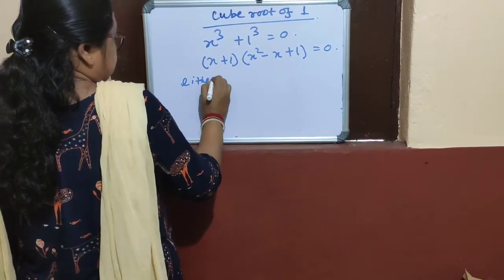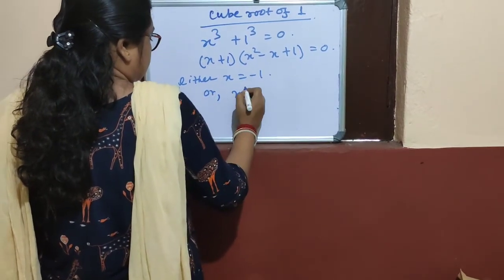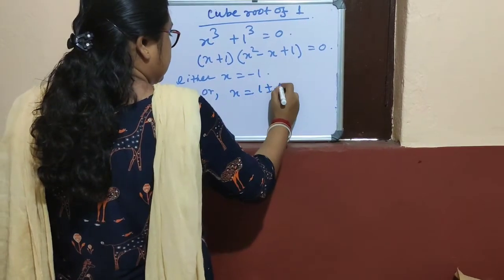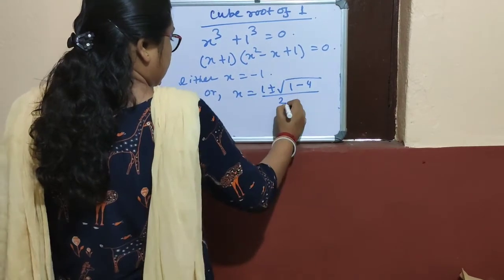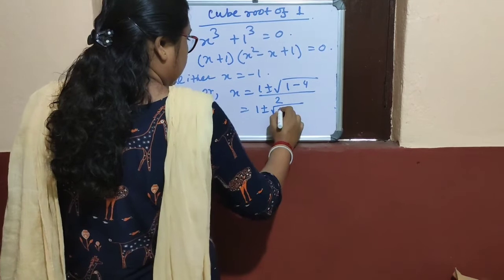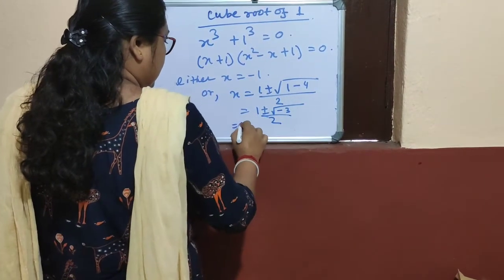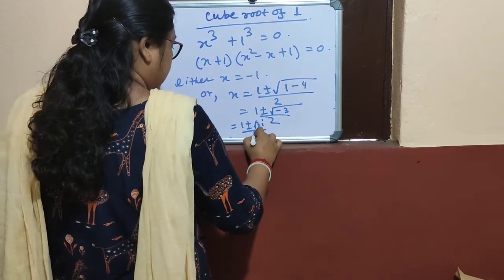Either x is equal to minus 1, or x is equal to minus b plus minus root of b square minus 4ac divided by 2a, which is 1 plus minus root of minus 3 divided by 2, or 1 plus minus root 3i by 2.